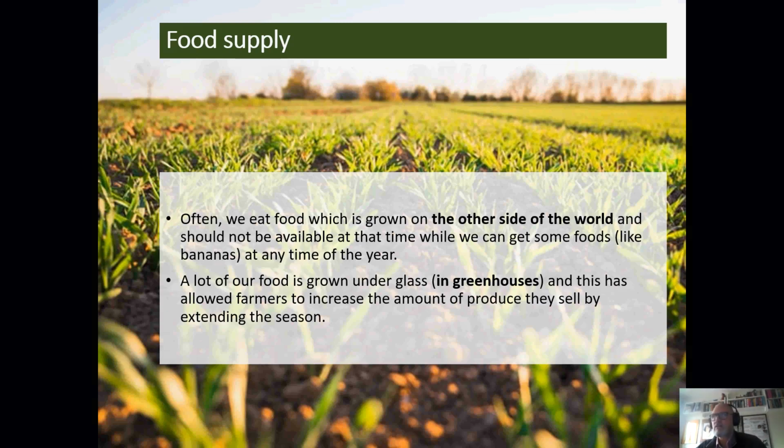So thinking about food that is grown out of season, for example, the fact that we are able to grow large amounts of food in greenhouses is definitely a useful thing, because it allows farmers to extend the growing season.